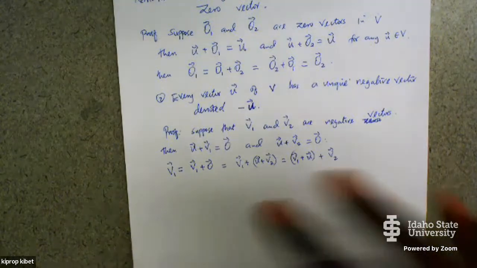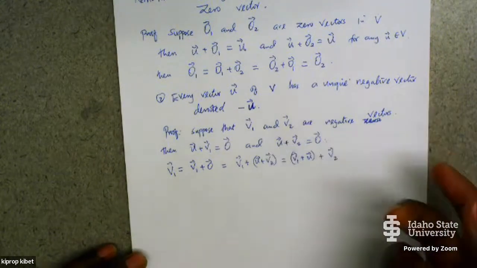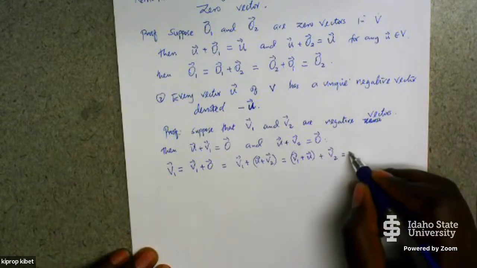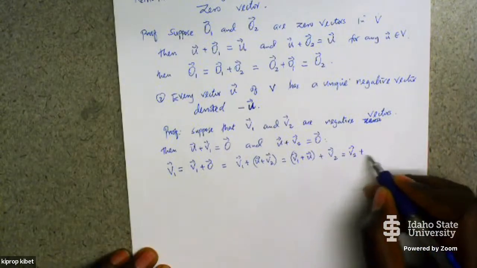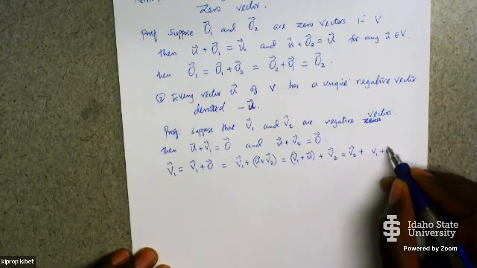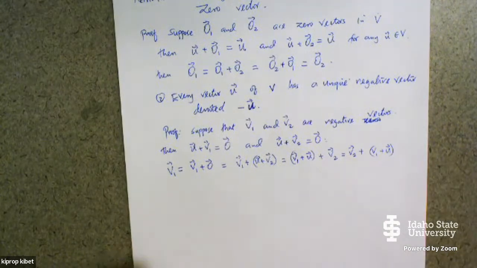And this can also commute, so this equals v2 plus v1 plus u.